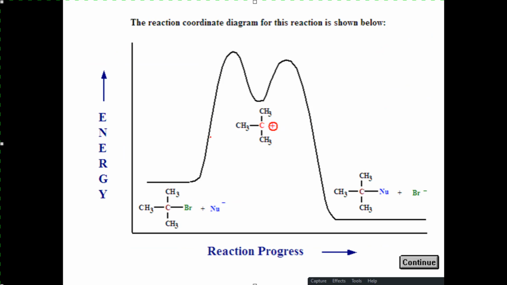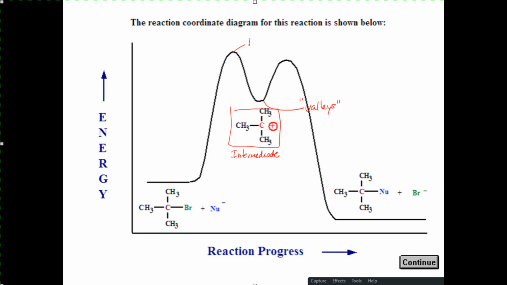So what this means in terms of the reaction coordinate diagram is this carbocation is now what we would call an intermediate. And I'll go back to the reaction diagram in a minute, or the reactions themselves. But in the reaction diagram, intermediates are basically the valleys in the energy coordinate diagram.